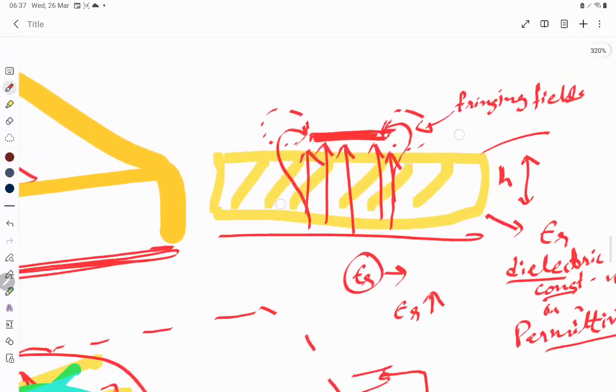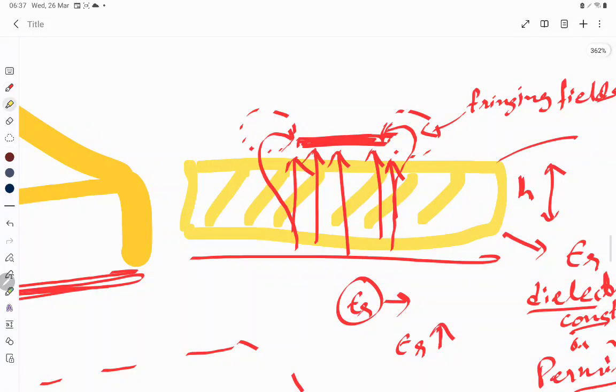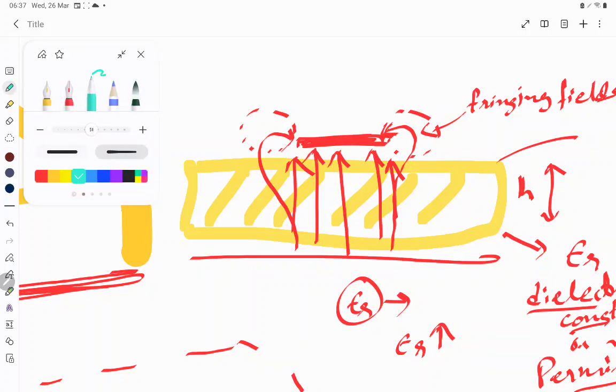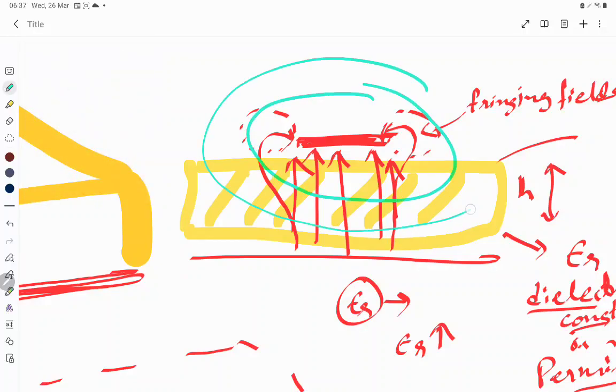In case of microstrip lines also, the magnetic fields are obviously like this. If the signal is coming out of the page again, then the magnetic fields are like this.